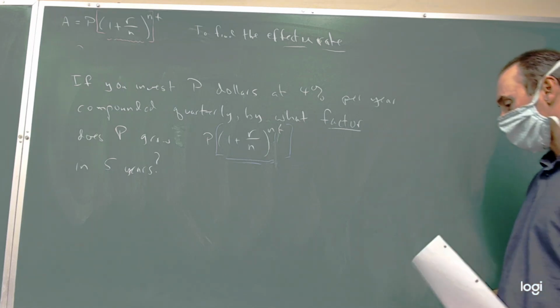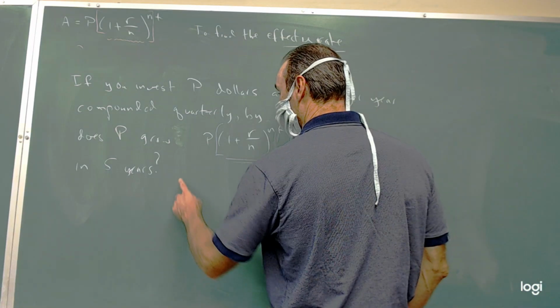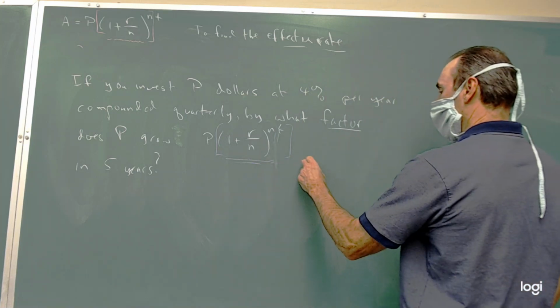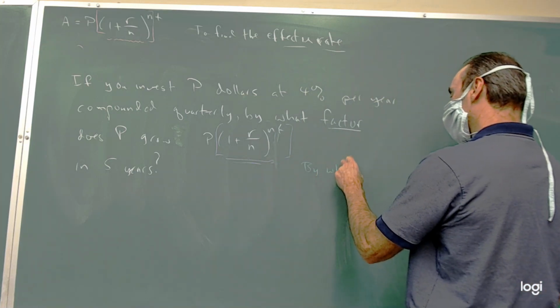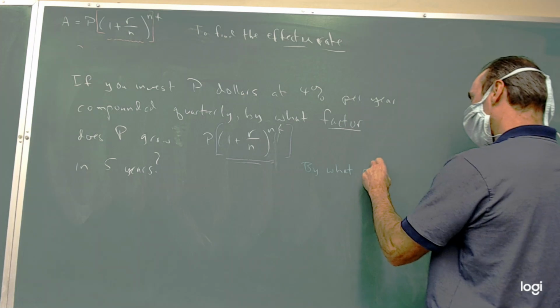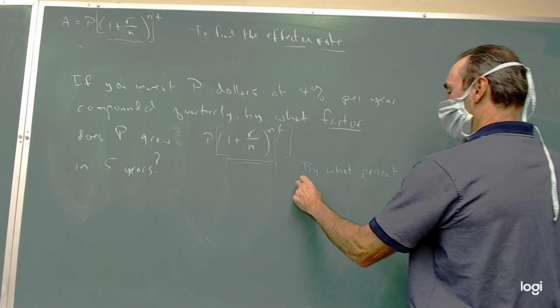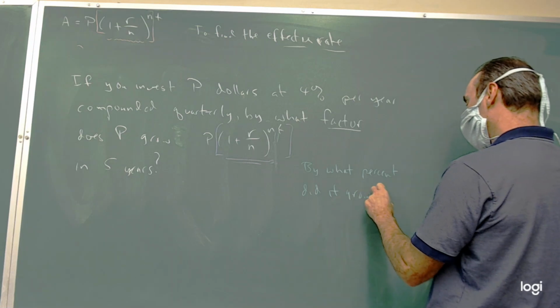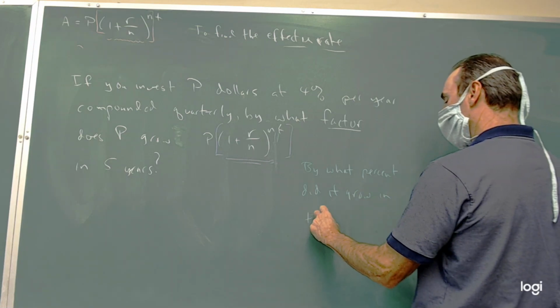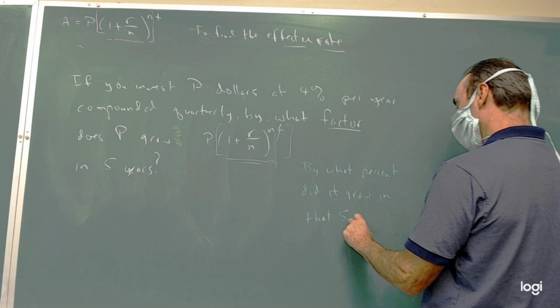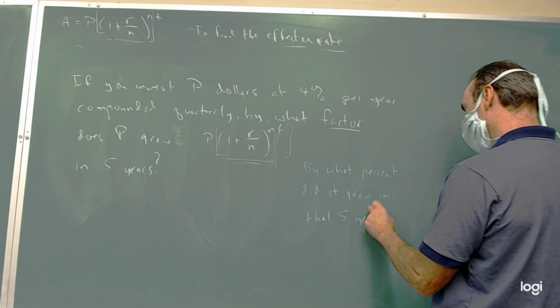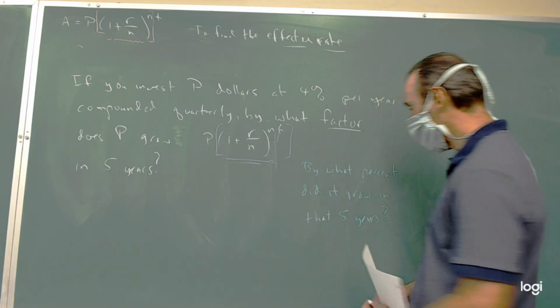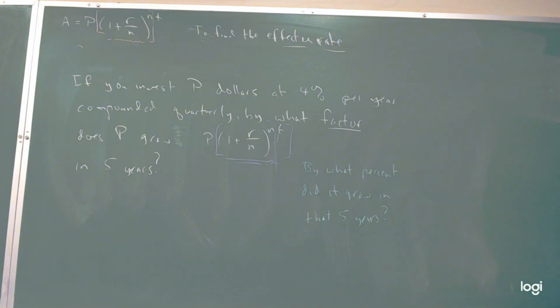And the next question I'm gonna ask, once we get the factor figured out, is by what percent did it, meaning the investment, grow in that 5 years? So first I want the factor. What's multiplying that P?